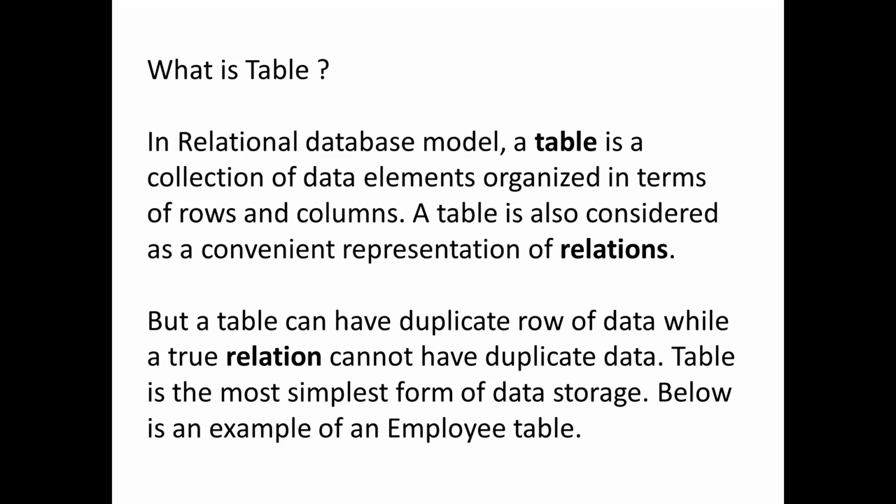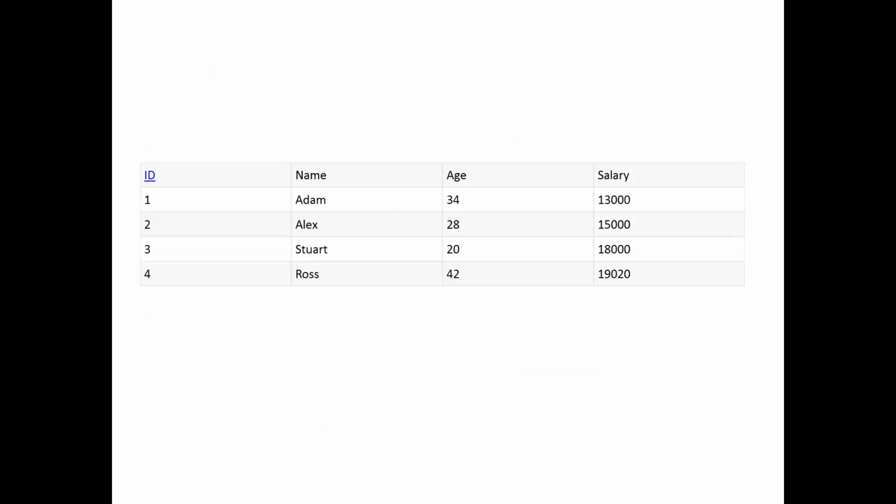So, though a table can contain all data even if it is duplicate, whereas if you talk about a true relation, if you are supposed to use a relation in a proper manner, then there should not be any kind of duplicate data, like a name cannot appear two times in a single table. Okay, so let's see.